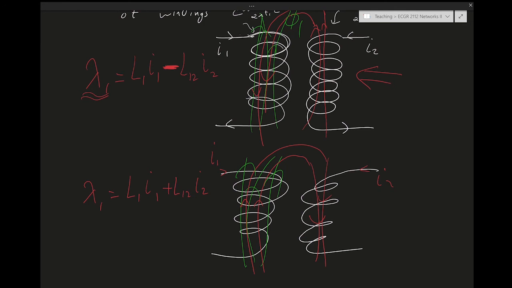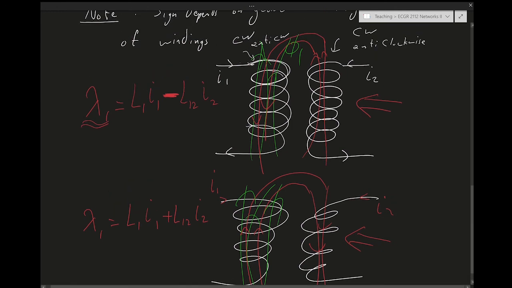Either the fluxes will add together and be in the same direction, such as this configuration, so the flux from coil 1 will be in the same direction as the flux from coil 2, or they will be subtractive, in opposite directions. The flux emanating from coil 1 will always be in the opposite direction from the flux coming from coil 2, just due to how the windings are configured. One could be counterclockwise, the other the opposite, and so on and so forth, right?